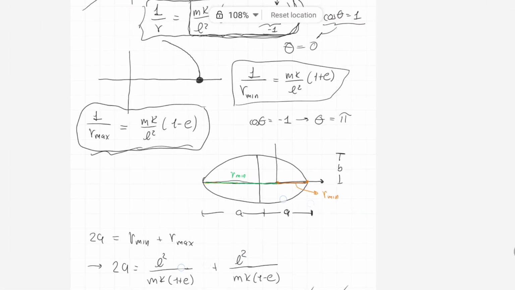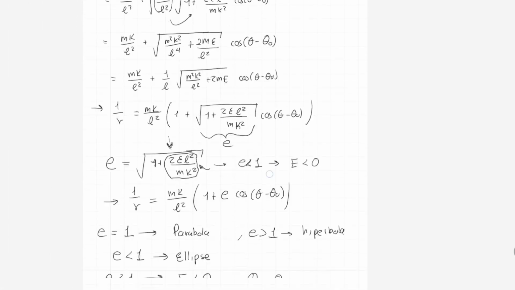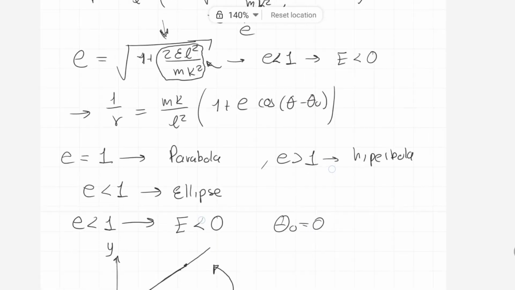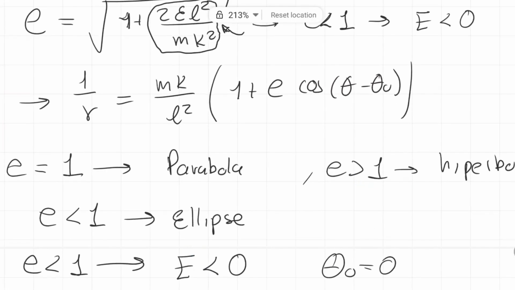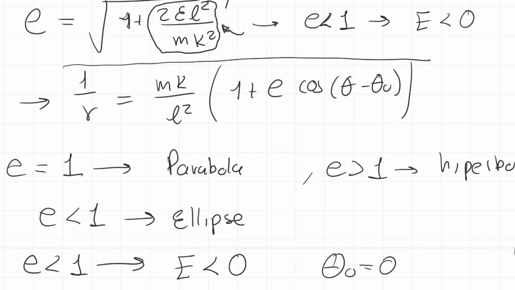Just to finish this video, recall that this is the important result of the video. This is a relation between the radius, the distance between the Sun and the Earth, which is r, and the angle that the Earth is making with the x-axis of the reference system that we are using.